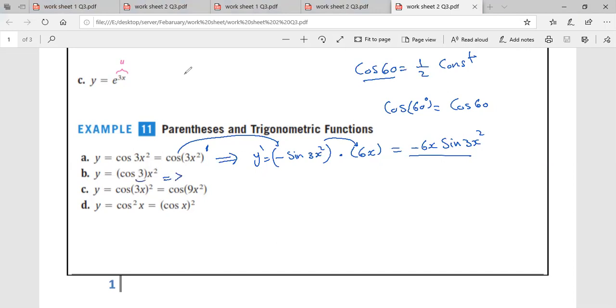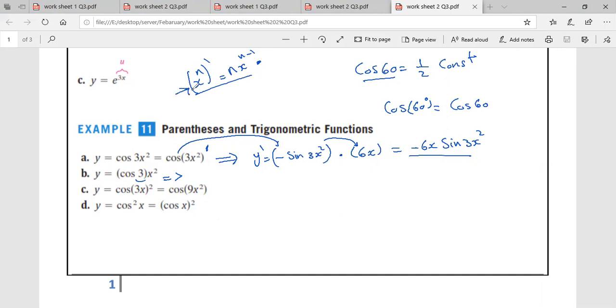Okay? So in this case, I'll apply what? The power rule. What is the power rule when we find the derivative of any power function, like x to power n? Its derivative is n x to power n minus 1, without multiplying. That is because it is the power rule, not the general power rule.